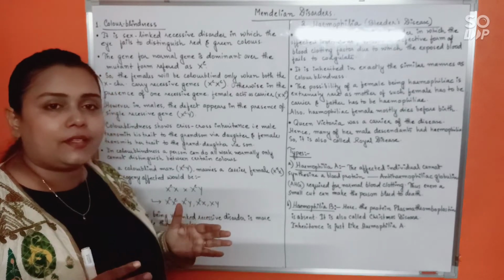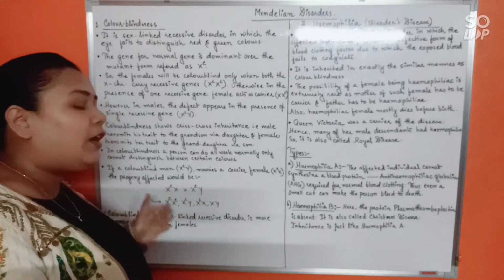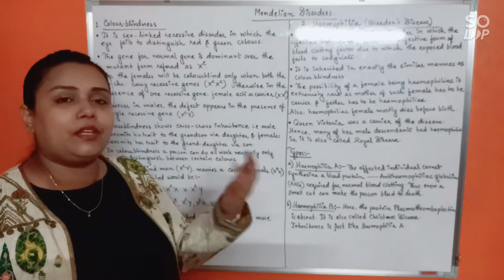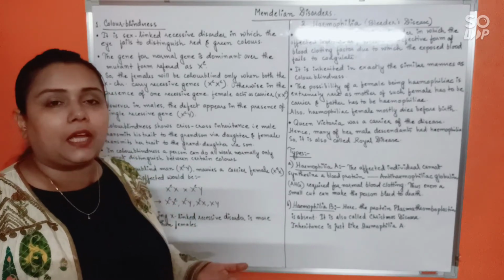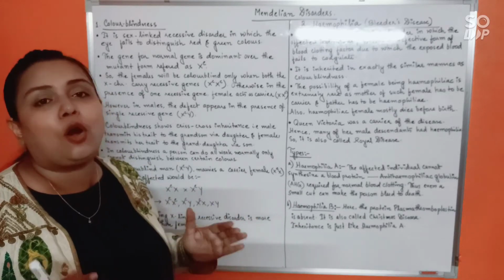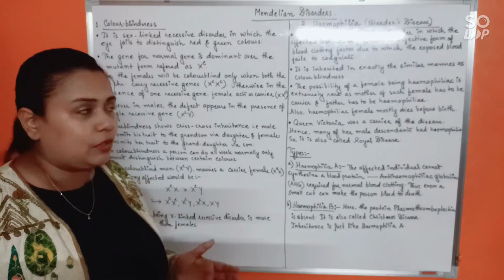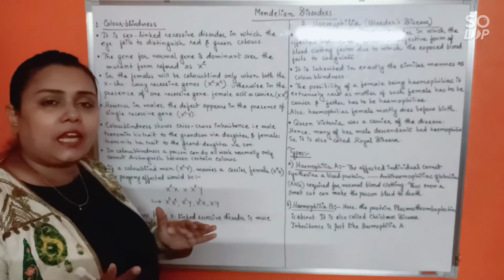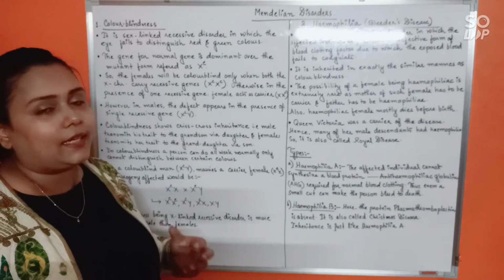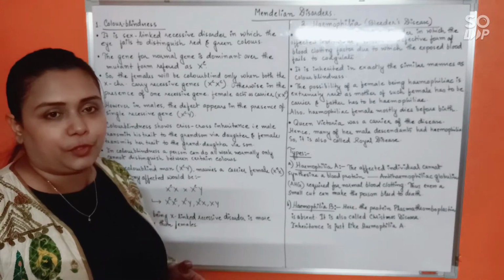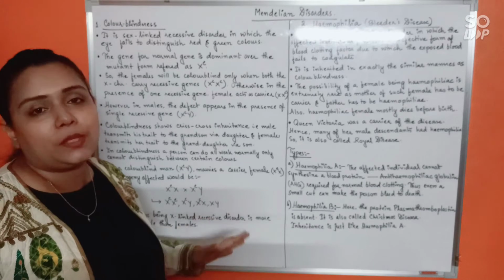But more or less, the question would revolve around the same type of problem. For example, if a colorblind man marries a healthy female, what percentage of their progeny will be colorblind? This kind of questions are very commonly asked, and I think all of you would find it very easy to answer if you have understood pedigree analysis properly. If you have practiced it well, I don't think it would be a problem for you. Alright, but do remember, it's a very important question that's asked from this section.